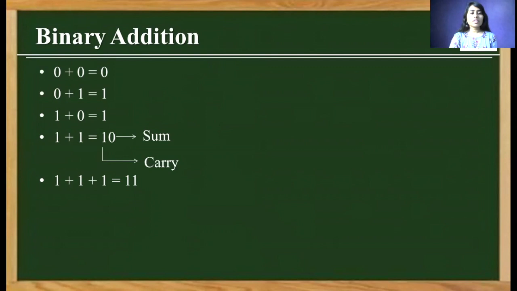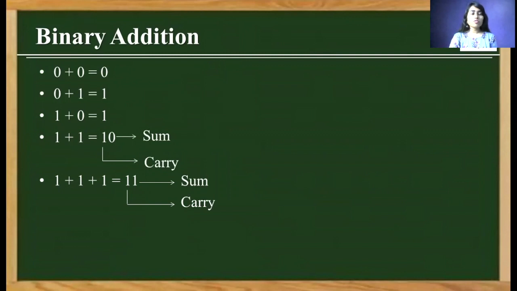For example, in decimal, 1 plus 1 plus 1 gives a result 3. This decimal 3 can be represented as 1, 1 in binary form. So here 1 is the sum and this 1 works as a carry. So this is how binary bit addition can be done.